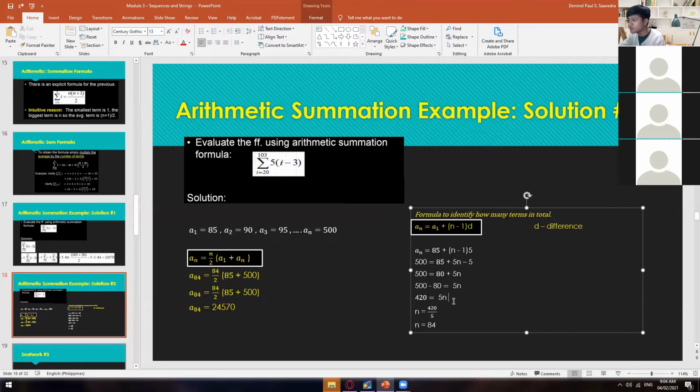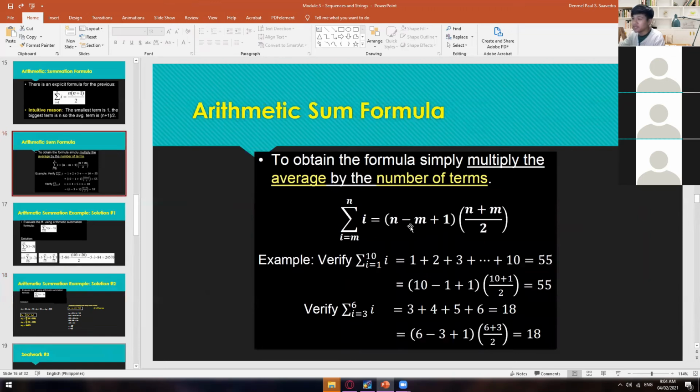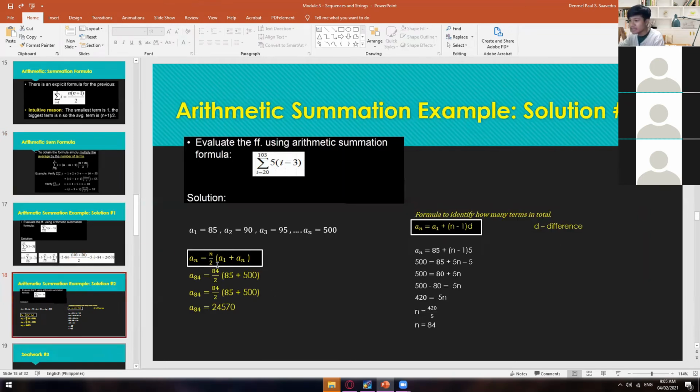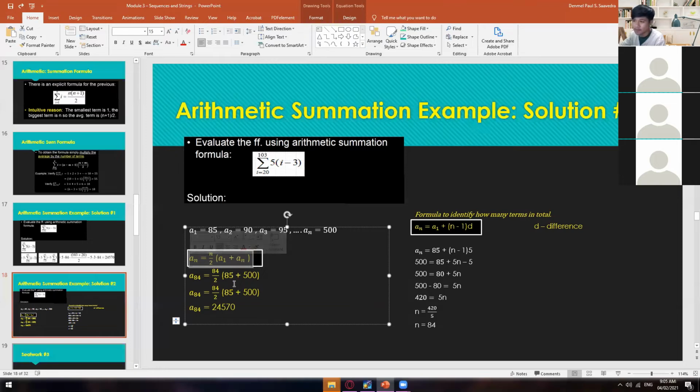Once we know the total number of terms, you can now proceed and use this given formula: S sub n is equal to n divided by 2 times a1 plus a sub n.